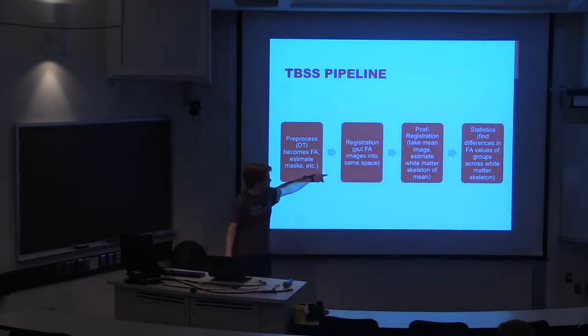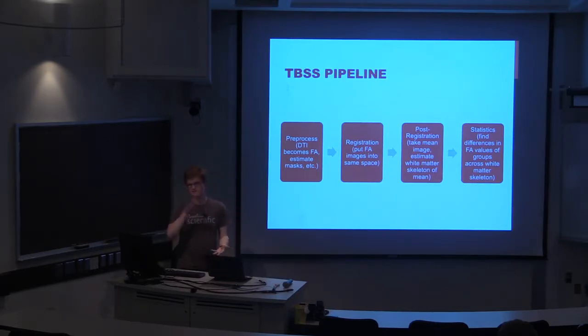The second step is called registration. Essentially, all these images are deformed so that similar anatomical structures are in the same space. With unregistered images, if you lay them on top of one another, the brainstem of one person is going to be over here. The brainstem of another person is maybe in a totally different area or just a few voxels off.